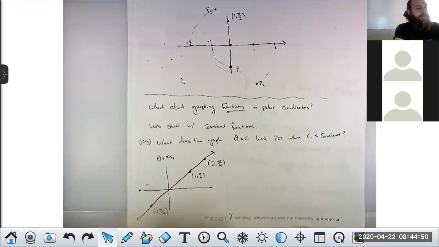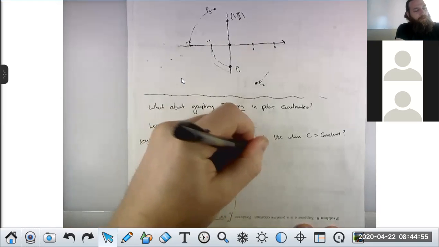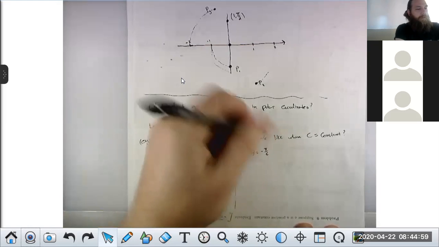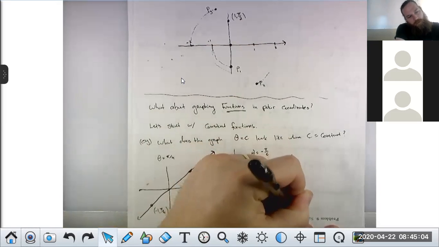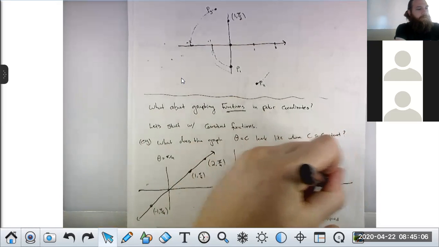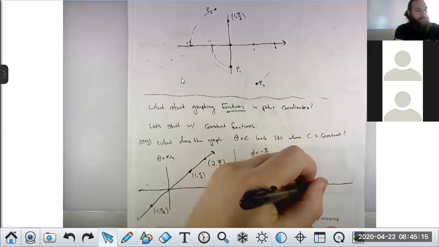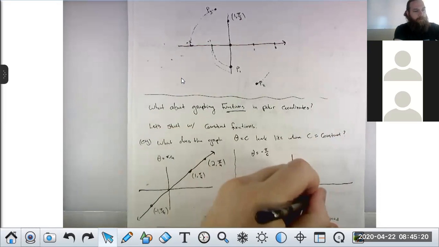We could look at the constant theta equals, how about negative pi over 6? So again, you could make a table of values and then plot these points one at a time, but I think we are in this class sophisticated enough to move a little faster than that. If I take the point 1 comma negative pi over 6, that means I would come out here to 1 and come down by pi over 6.